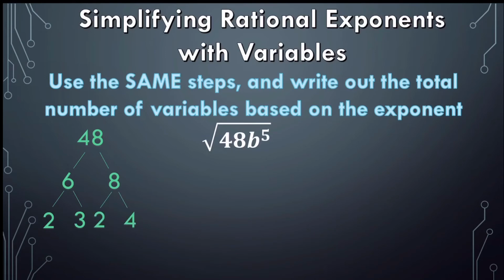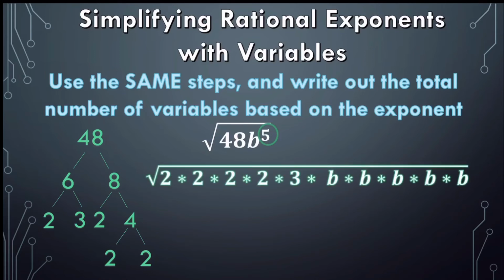And then 2 and 4, and then 2 and 2. Okay, so I write out all of those, but I have 5 b's, so I write out 5 b's, just like that. So I've got all my factors written out, and I've got all my variables written out.